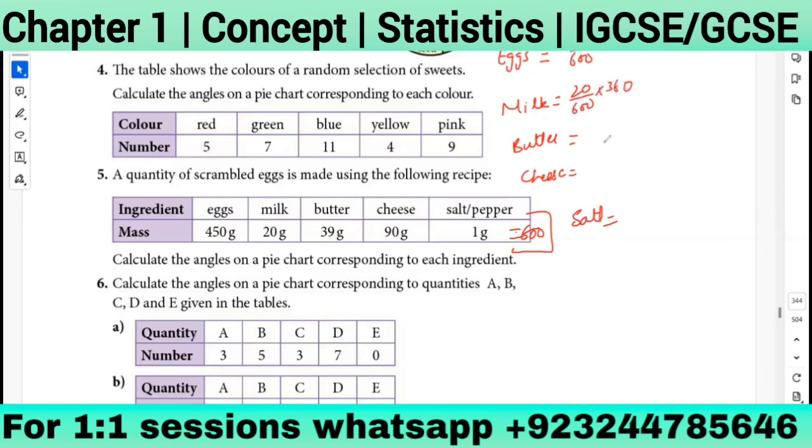First one is 270. Okay. Second one is 12. Third one is 234. Fourth one is 54. Third one is 234. Yes. Solve it again.